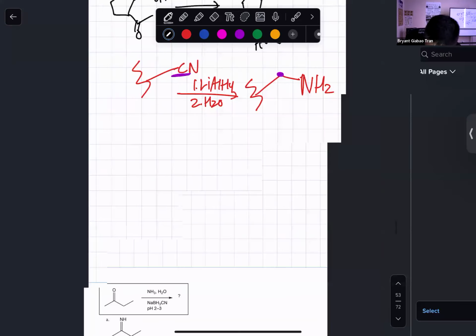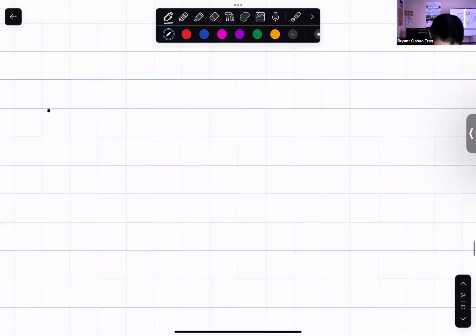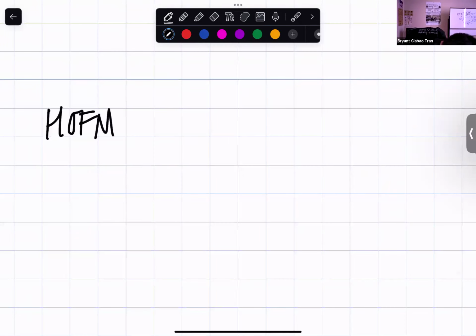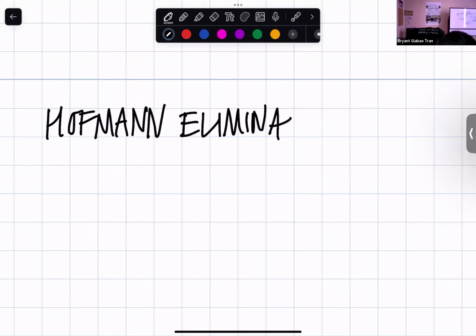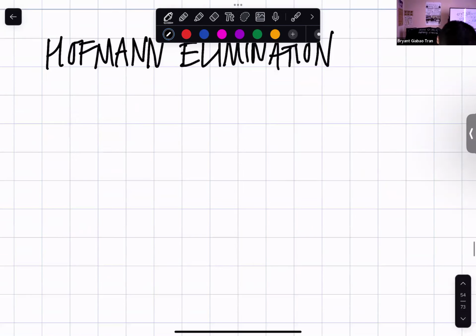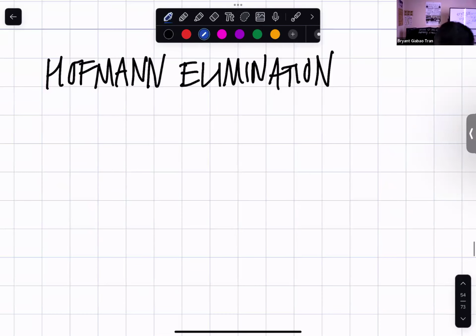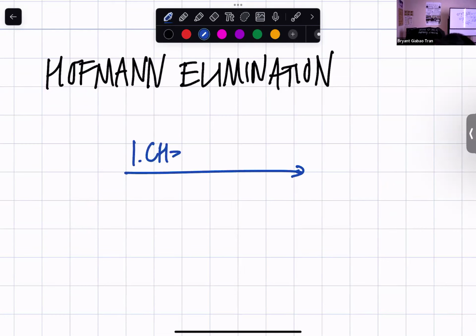Chapter 21, I think we left off with Hoffman elimination. Which is going to have two reagents on the arrow. The first step you're going to see is CH3I excess, and you might see some kind of base. I forgot what the base was, but some kind of base.